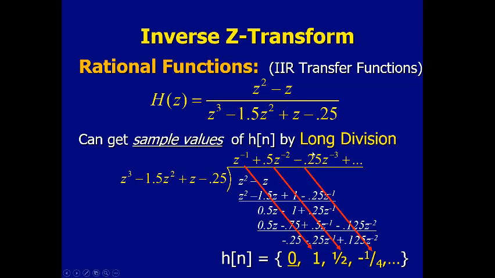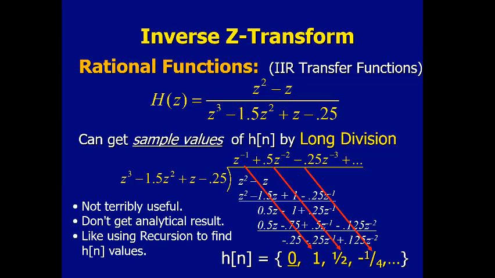Minus a quarter z to the minus 3 is a minus 1 quarter delta of n minus 3, and so on. This one doesn't have a delta of n term, so a 0 at n equals 0. And that would give us sample values, not a closed form solution, but sample values of the inverse transform.